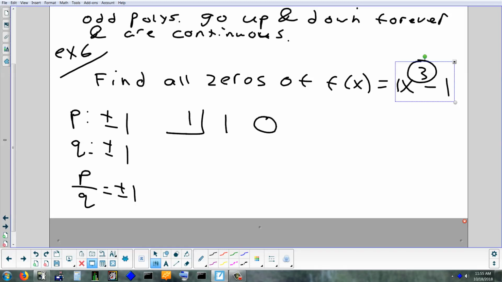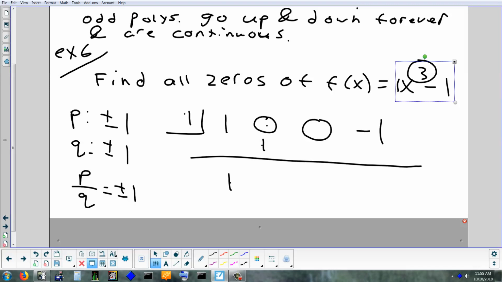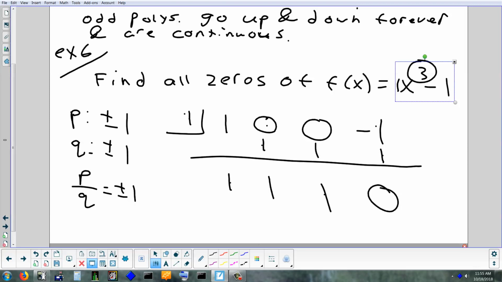1x cubed, 0x squared, 0x minus 1. Bring down the 1. 1 times 1, 1. 0 plus 1, 1. 1 times 1, same thing again. And then 1 times 1, 1. Negative 1 plus 1, 0. Okay, we already knew we were going to get 0 because 1 is a root.